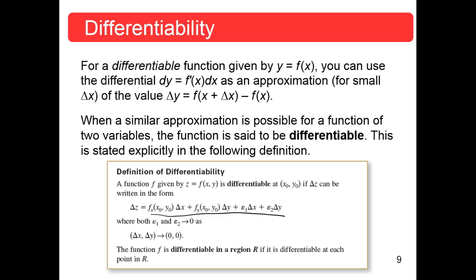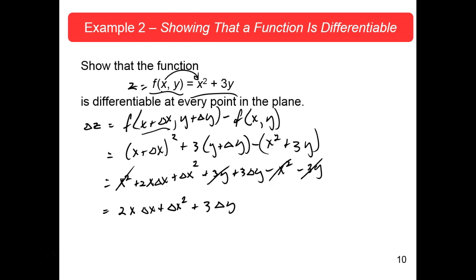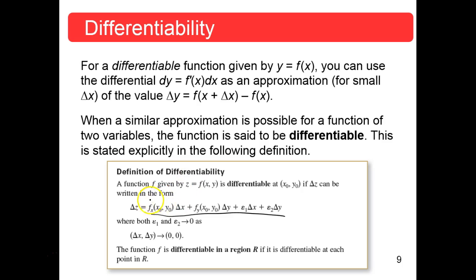Okay? Well, let's review what we want. Some function times delta x, some function times delta y, and then some epsilon 1 delta x and epsilon 2 delta y. Okay?